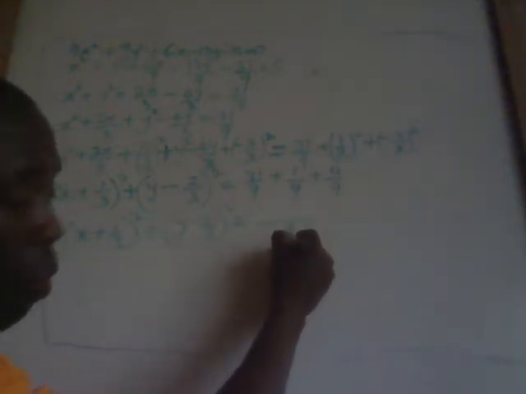When you find the LCM of this, it is 9. 9 in 9 is 1, 1 times 1 plus 9 divided by 9 is 1, 1 times 4 is 4.